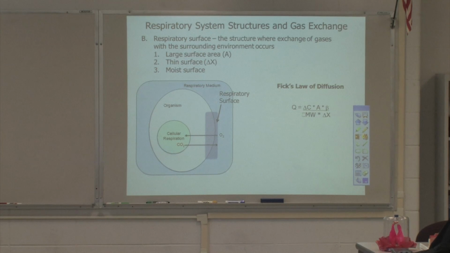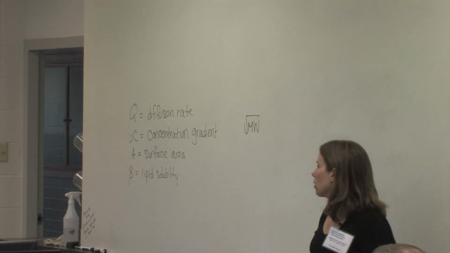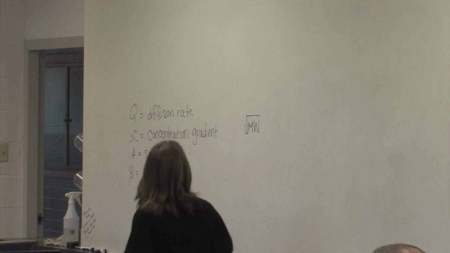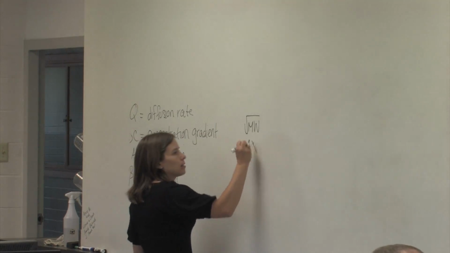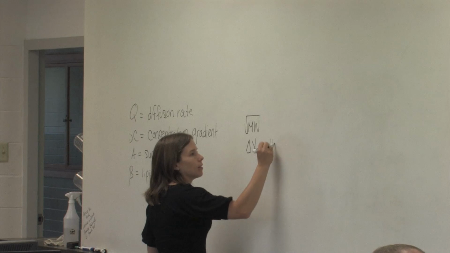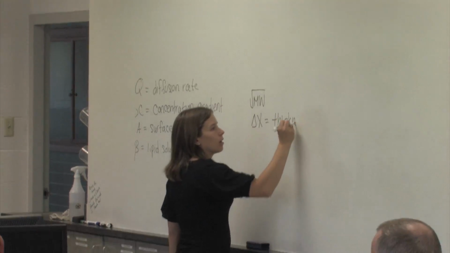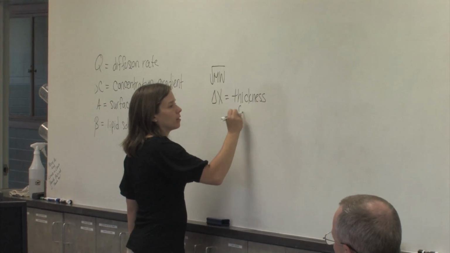In the denominator is the square root of the molecular weight. The higher the molecular weight, the slower diffusion is going to happen. And then delta X is the thickness of the surface.